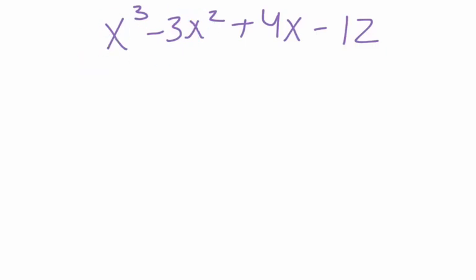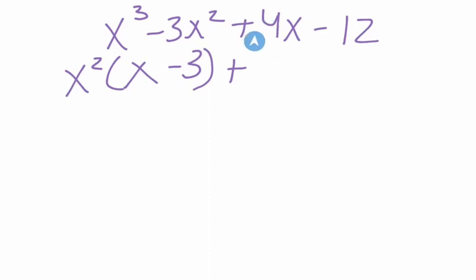We have x to the third minus 3x squared, and of course we can factor an x squared out. Have x to the third, take out 2 of the x's, you're left with 1. And then we have 3x squared, we're going to take out 2 of the x's, and we're going to be left with the 3, or I guess the minus 3. Over here, 4x minus 12. Well, the common factor there is 4.